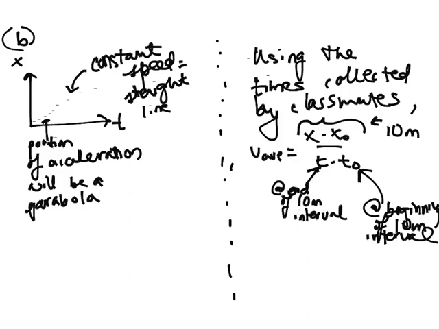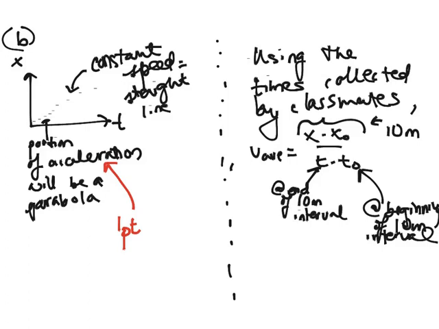Okay, so those are the two methods that you would use to identify where you have constant acceleration and where you have constant velocity. So you get 1 point for explaining with this graph that you're looking for the portion with acceleration to be like a parabola, okay?